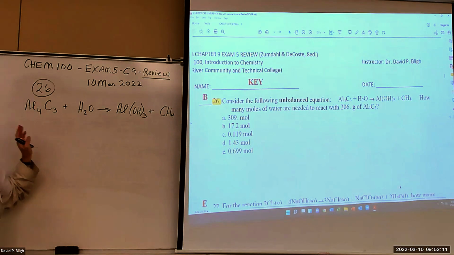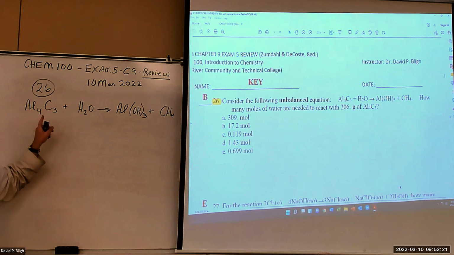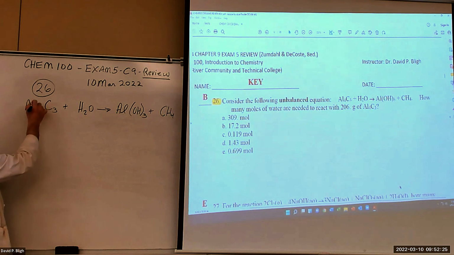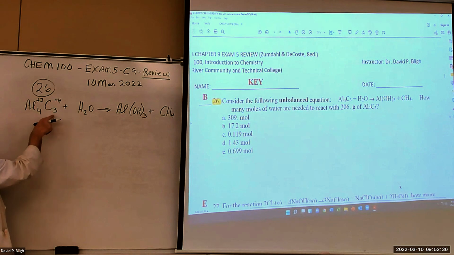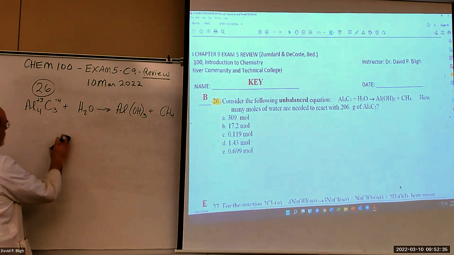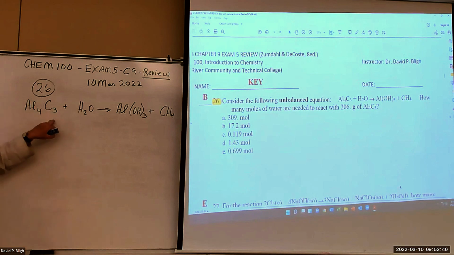Carbon can actually have 9 different oxidation states. In this case, it's a minus. It's a -4. And aluminum is always +3. So that's where you get the balance. 12 plus 12 minus 12. And since carbon is in the anion position, we call it carbide. Right? Just change the ending to IDE.